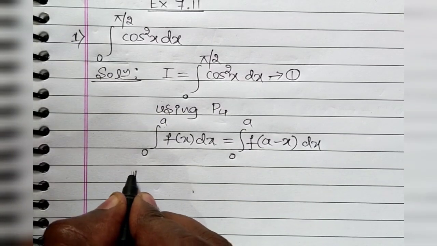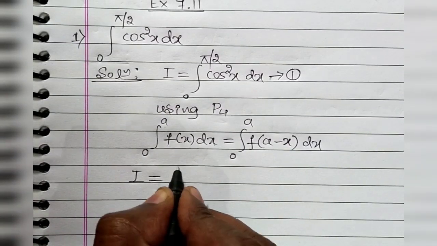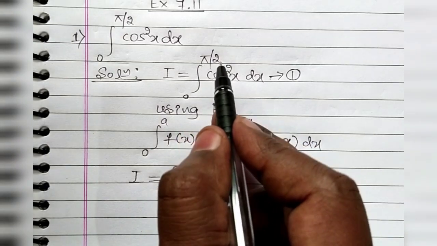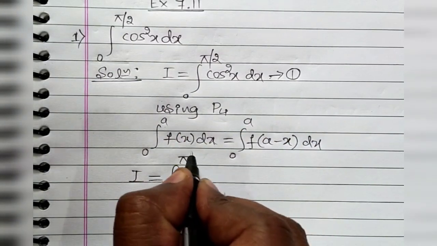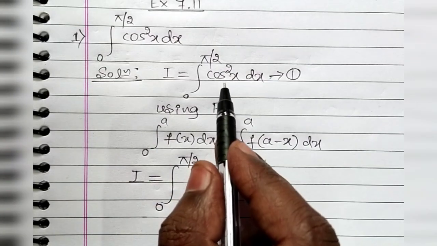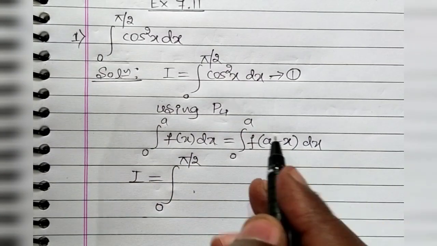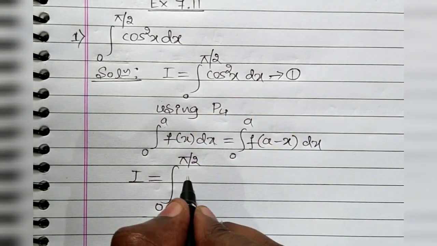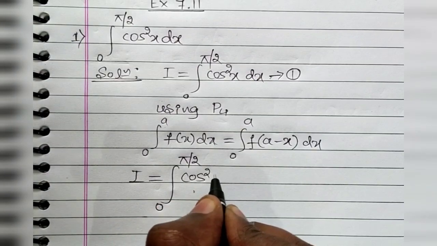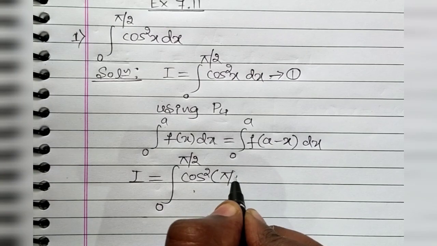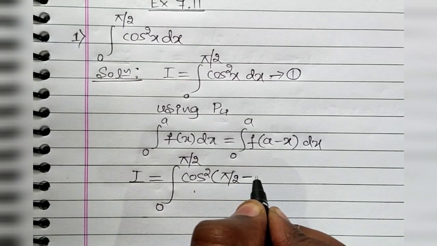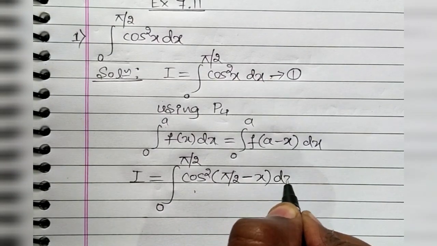Now I equals the integral from 0 to a. Here a is going to be pi by 2, so 0 to pi by 2. Then f of x can be written as f of a minus x. Here f of x is cos square x, so cos square x can be written with a minus x, that is pi by 2 minus x, dx.